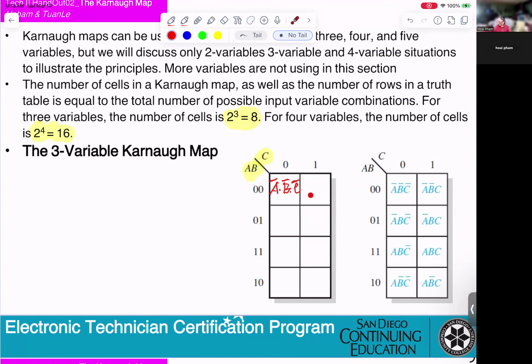Not A, not B, C. This cell, not A, B, not C. Okay. So that's what they tell you in here. That's very easy. If you stay here, this cell will be A, not B, C.